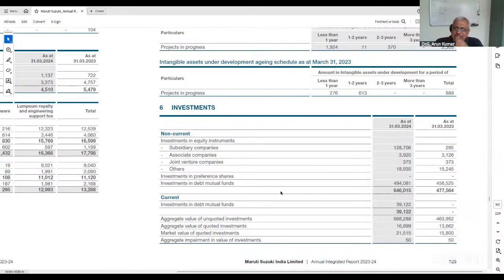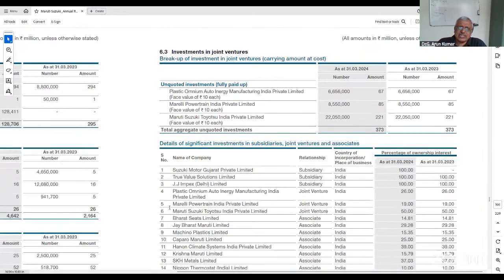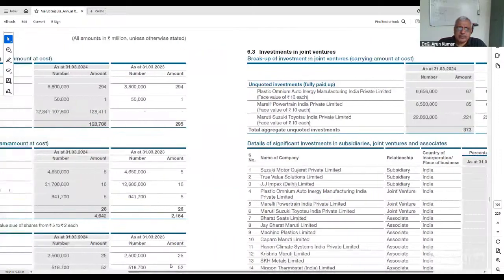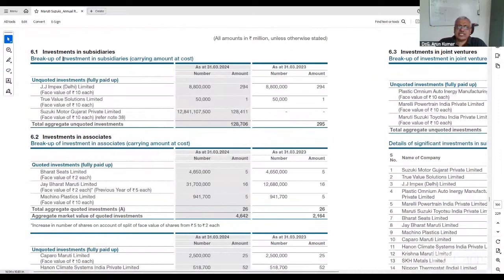For example, investment in equity instruments, subsidiary company, associate company, joint venture company, others. This is the amount. Somebody will say, sir, I want to know which subsidiary company, which joint venture company, which associate company. Don't worry, you have the details. It has given 6.1, 6.2, and all these details are there.